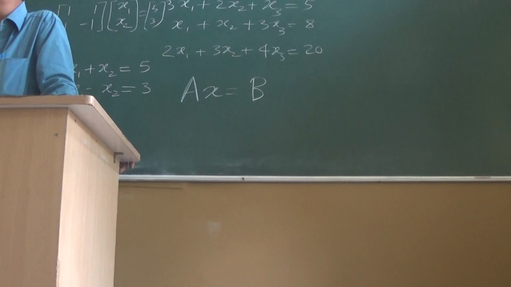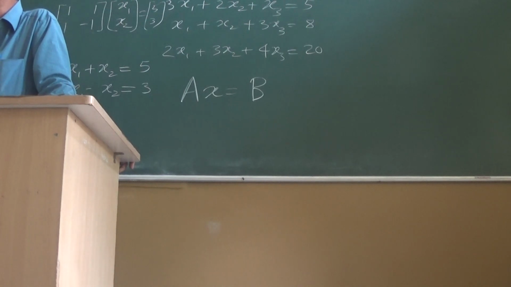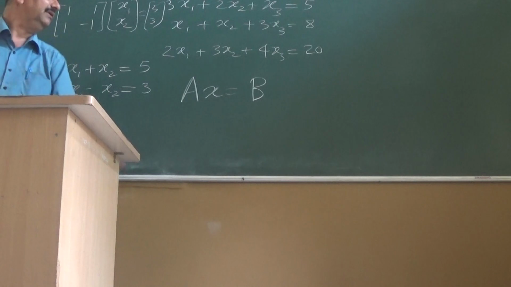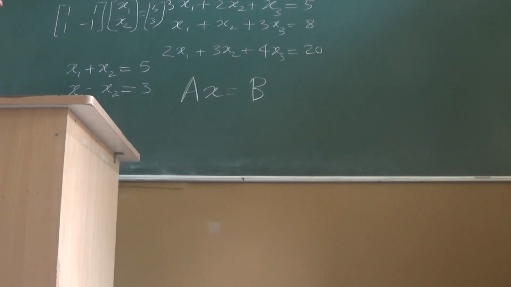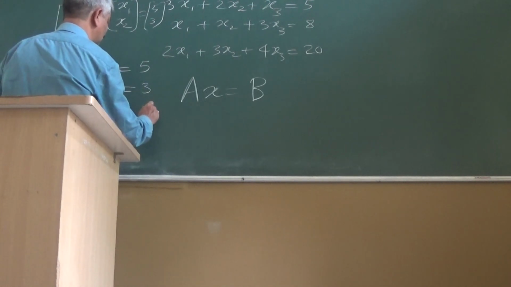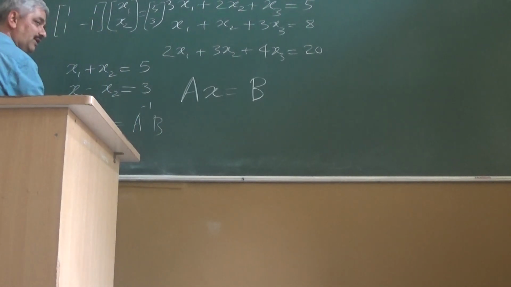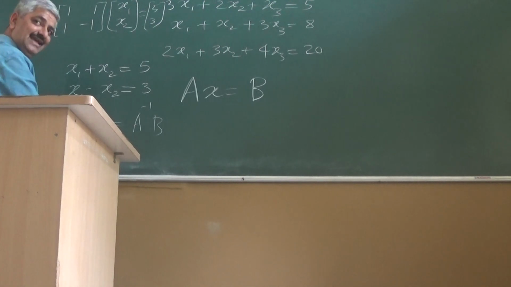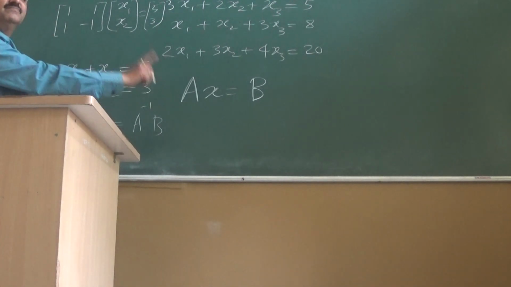If I either pre-multiply or post-multiply a matrix by its inverse, I get the identity matrix. So if I pre-multiply on both sides by A inverse, what do I get? A inverse into A into X is equal to A inverse into B. A inverse into A is I, so I into X is X.